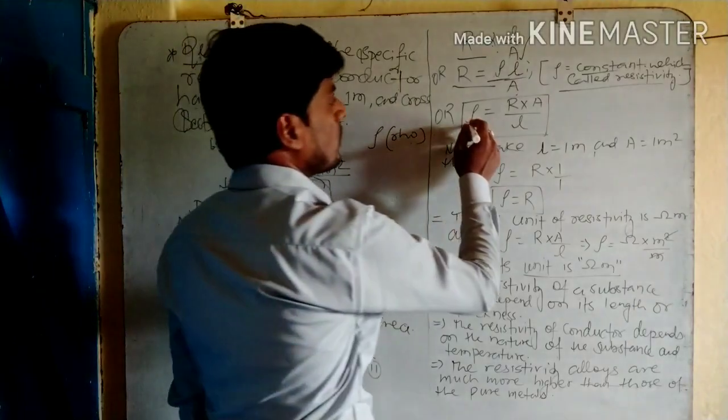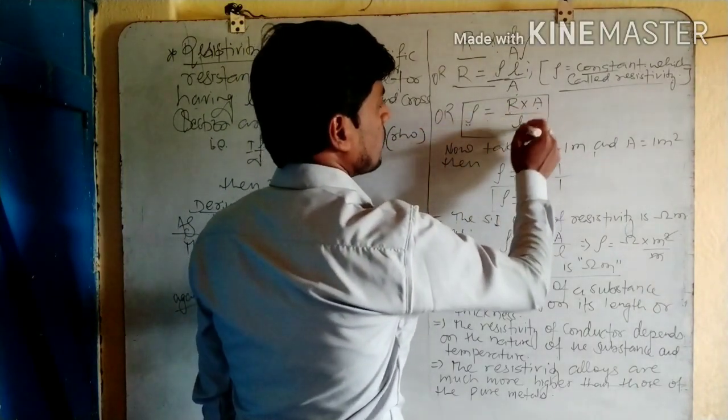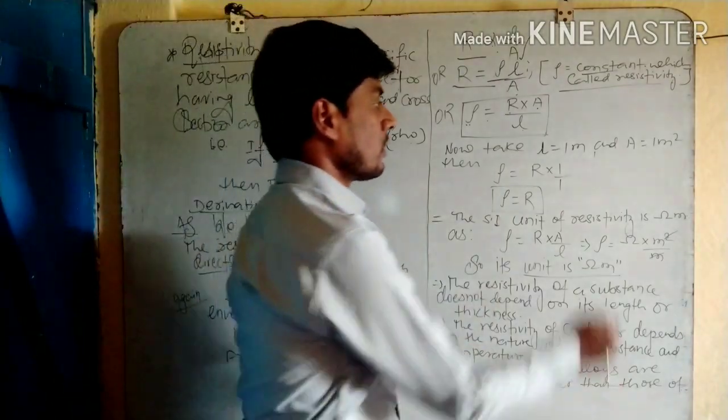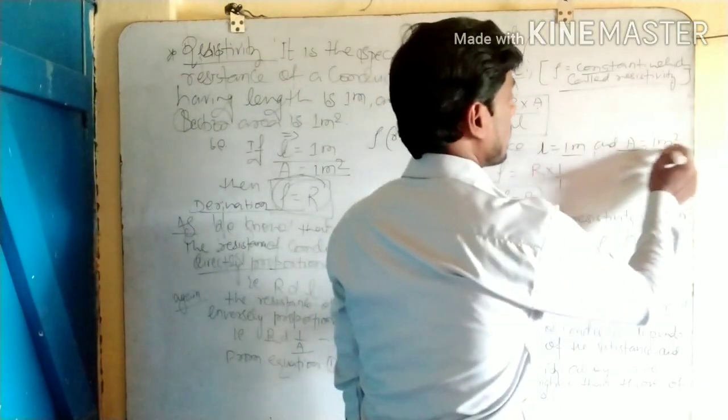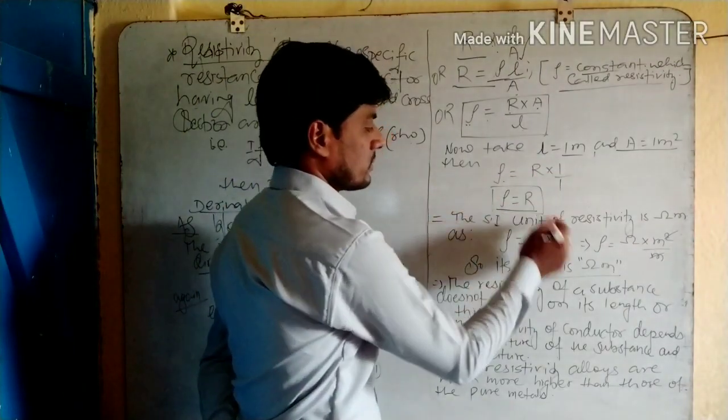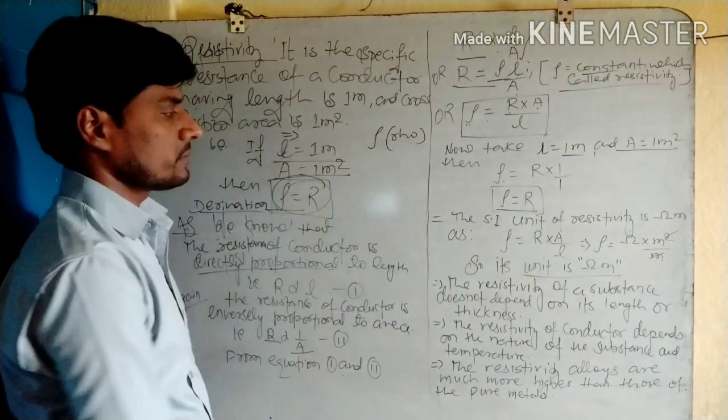So we get rho is equal to R into A by L. If the length is 1 meter and area is 1 meter square, then rho is equal to R.